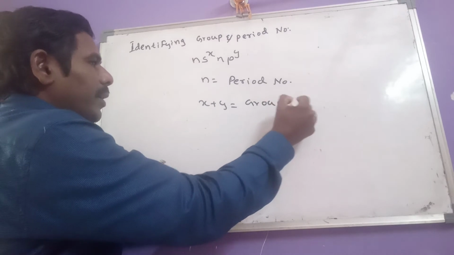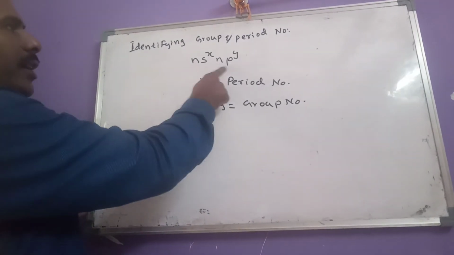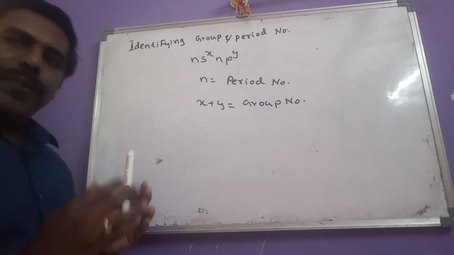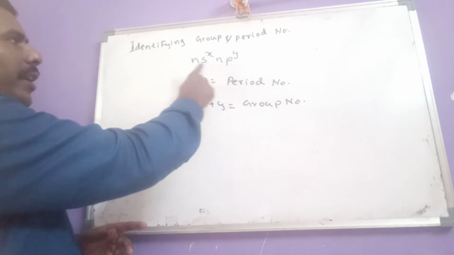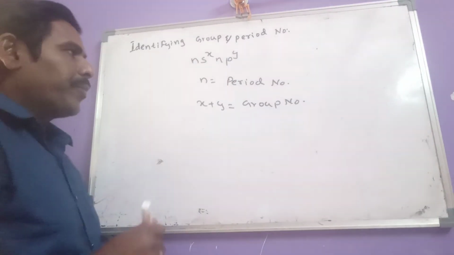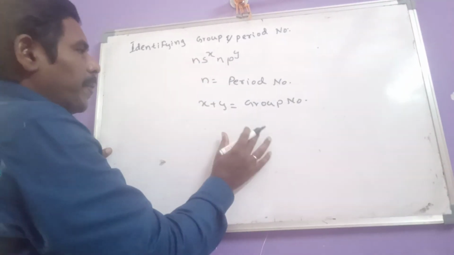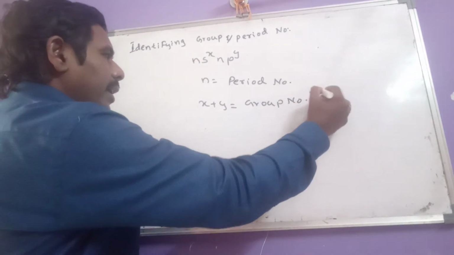And one more important thing: in the outer configuration, if d orbitals are absent, so only s and p subshells are there, no d subshell, then this obtained group number will become A category.